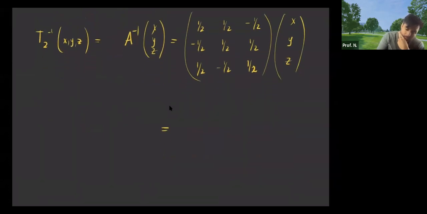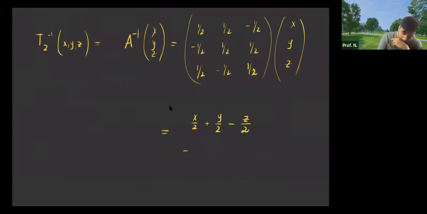So this will look like x over 2 plus y over 2 minus z over 2, negative x over 2 plus y over 2 plus z over 2, x over 2 minus y over 2 plus z over 2.